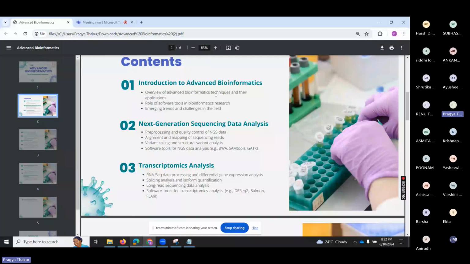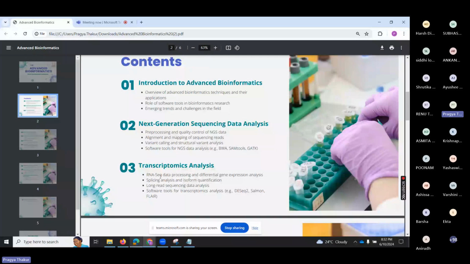Then transcriptomics: we will understand what transcriptomics is. A number of research projects come under RNA-seq data. So what is RNA-seq data and how is it processed?